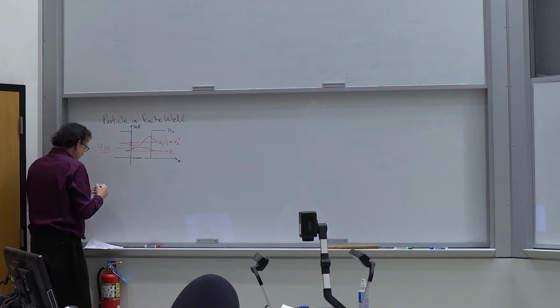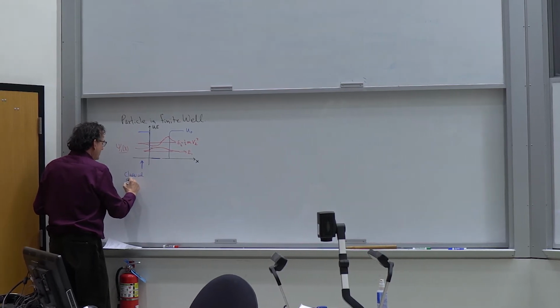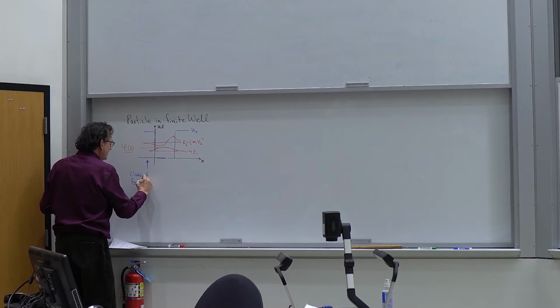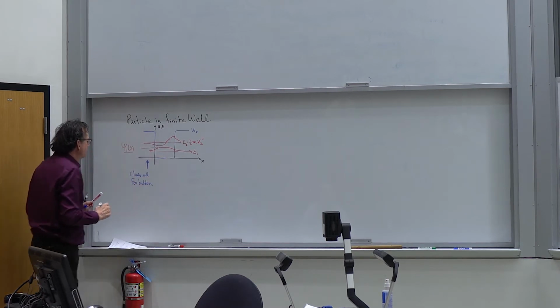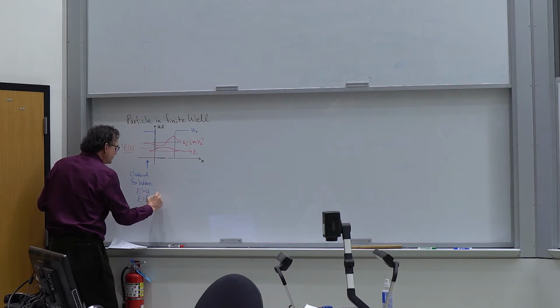Now, this region is what we said was the classically forbidden region, because in a classical system, the total energy E must be greater than the potential energy, because E is equal to kinetic energy plus potential energy.